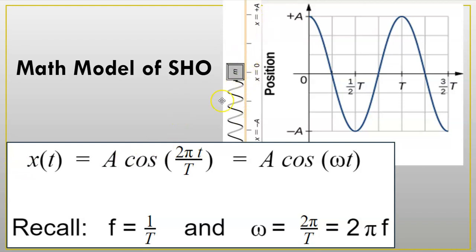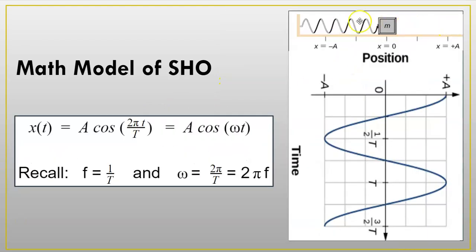This is a mass that's bouncing, that's oscillating up and down. It also works if the mass is bouncing like on a table. Let's say we secure a spring here on the edge and this mass, and we could pull it some distance away from the starting point, or we could push it here to negative A and turn loose. The graph down here, they pulled it out to positive A, stretching that spring.